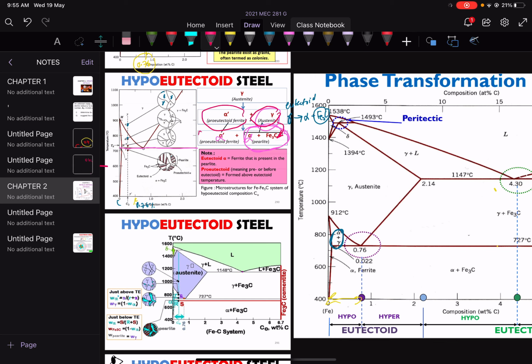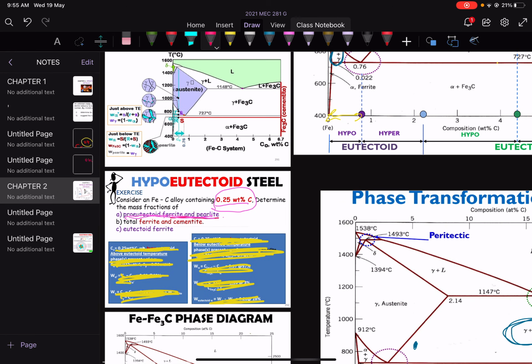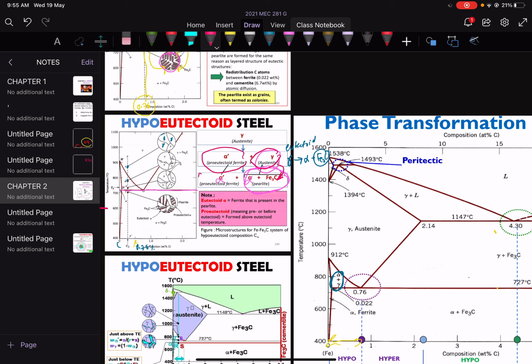It is easier to find the microstructure from before the eutectoid temperature, because that is where the pro-eutectoid ferrite exists, and all of the gamma here will transform into pearlite later.